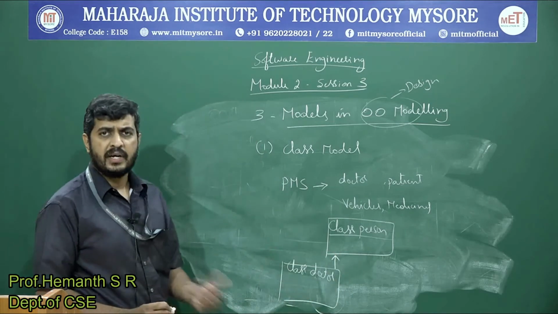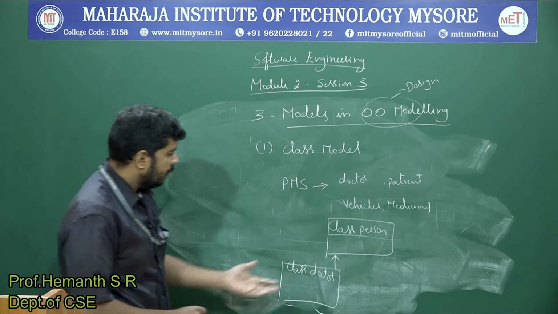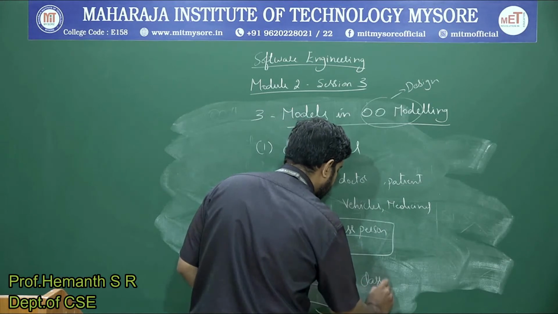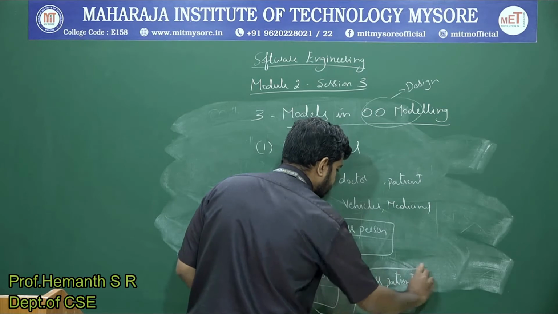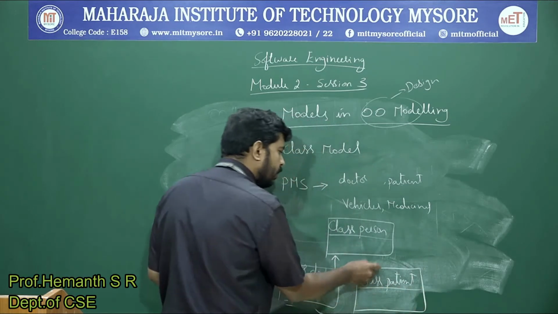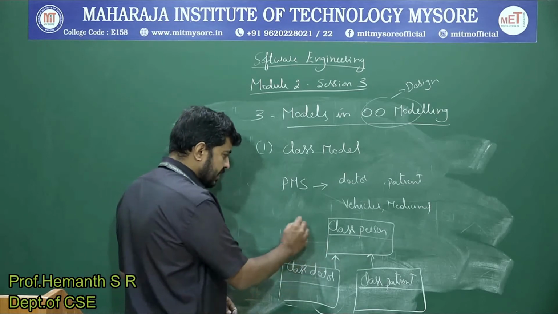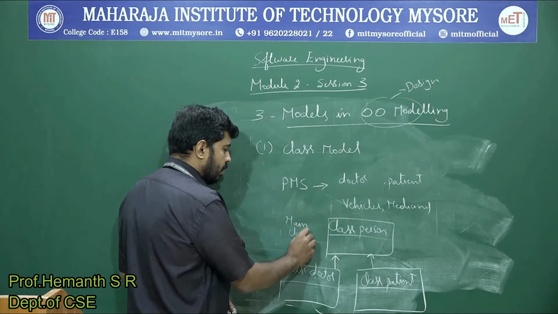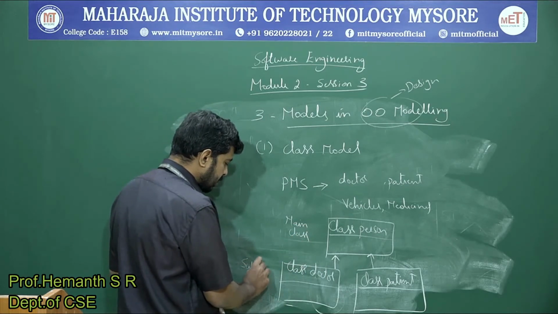We saw this through the inheritance relation that we explored in the previous session. Also, class patient can also belong to class person. So class person is the main class or super class, and class doctor and class patient are subclasses.